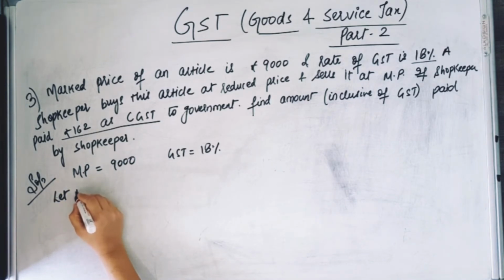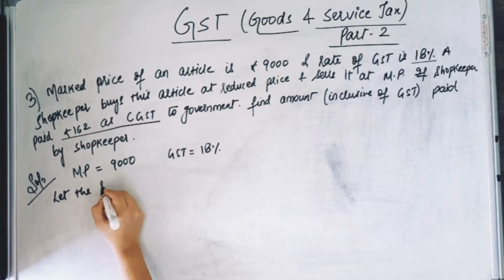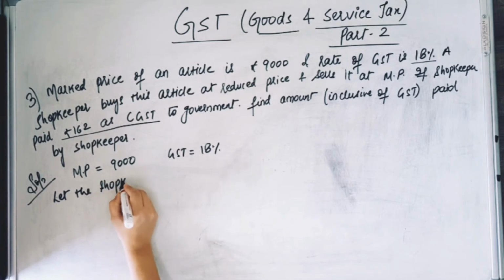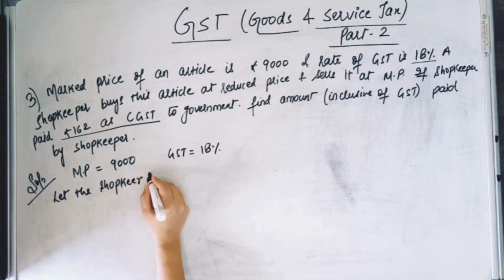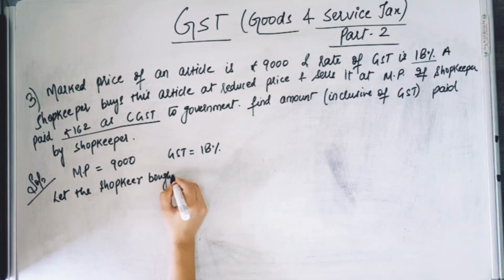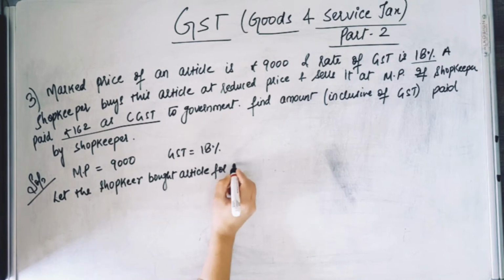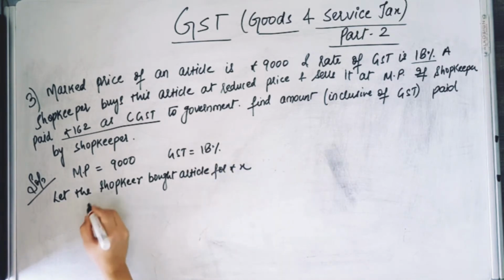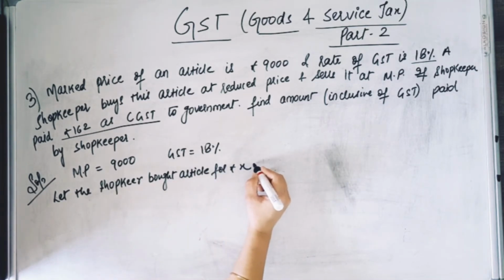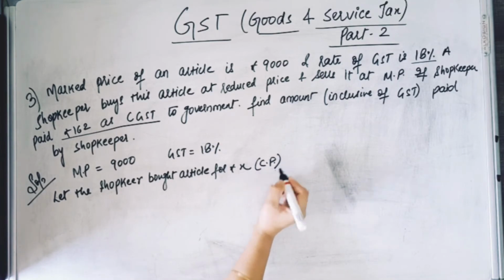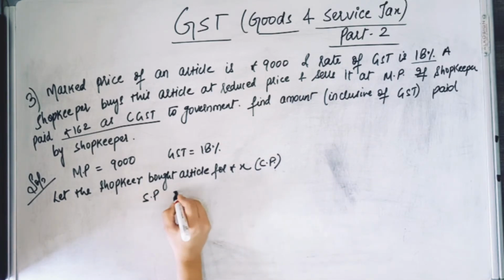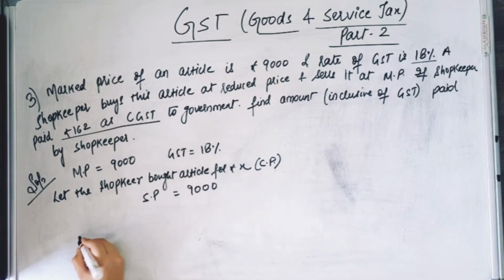So let the shopkeeper bought article for rupees X. So this is what cost price of the article and selling price is 9,000.